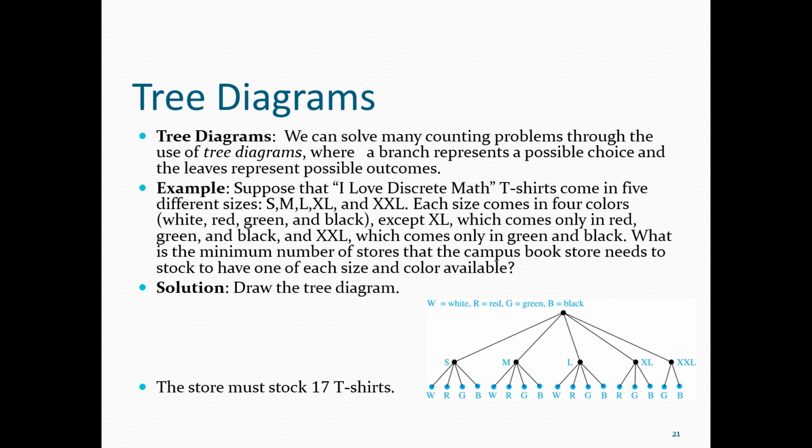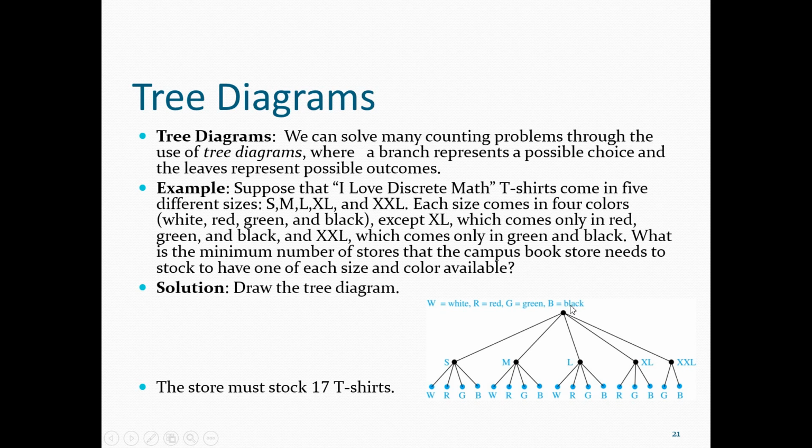Now there is another way of counting which is called a tree diagram, and this is illustrated with the help of this example. Suppose that I love discrete mathematics t-shirts, that is a t-shirt with I love discrete mathematics written on it, come in 5 different sizes.